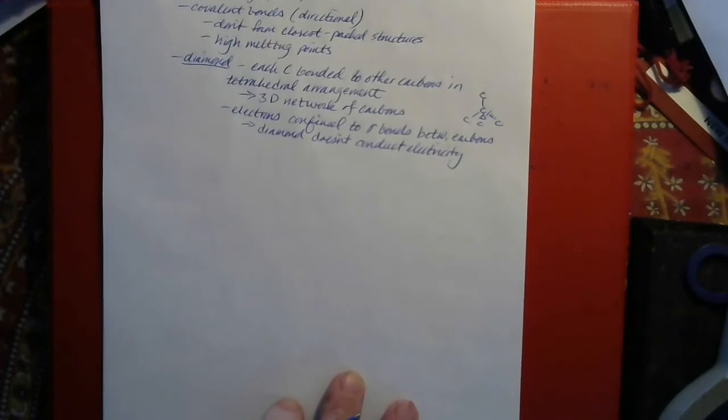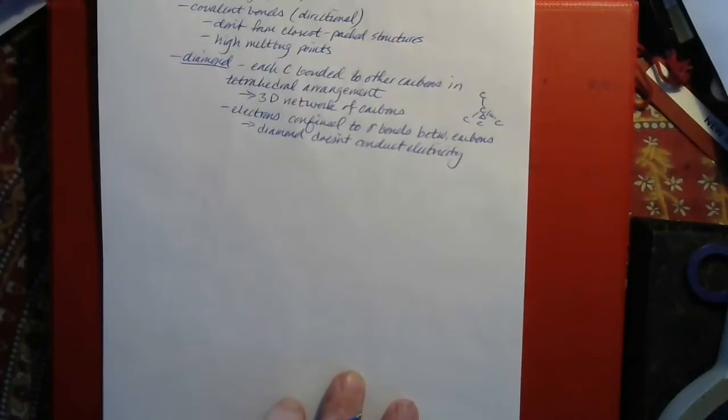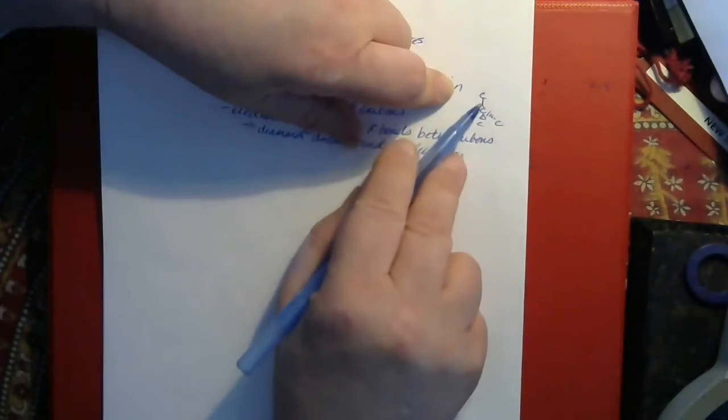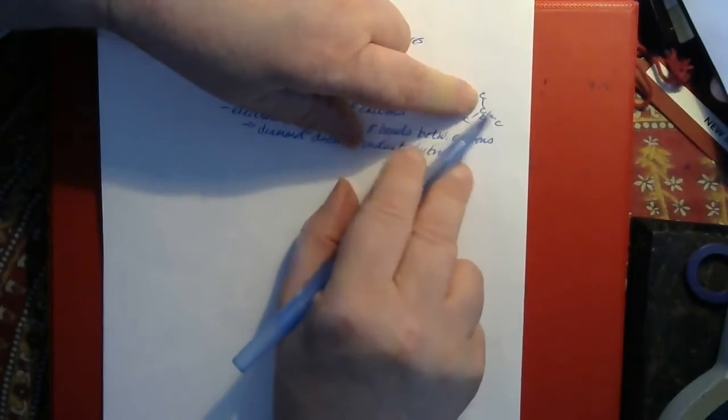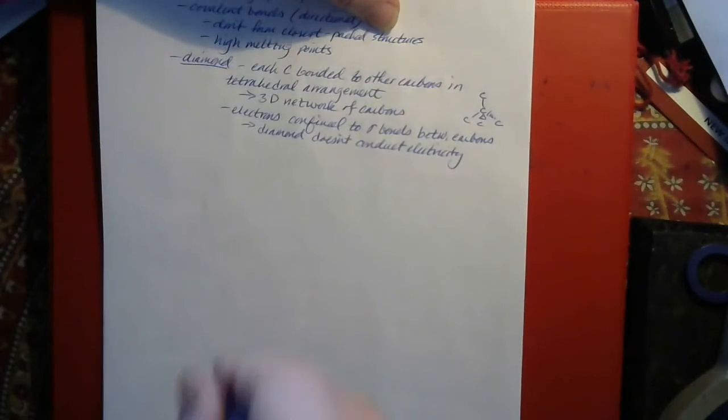Methane, CH4, carbon with hydrogens in each of the outer positions, doesn't conduct electricity either, because the electrons are localized within each of these bonds, which is a very confined space. They can't move around easily.